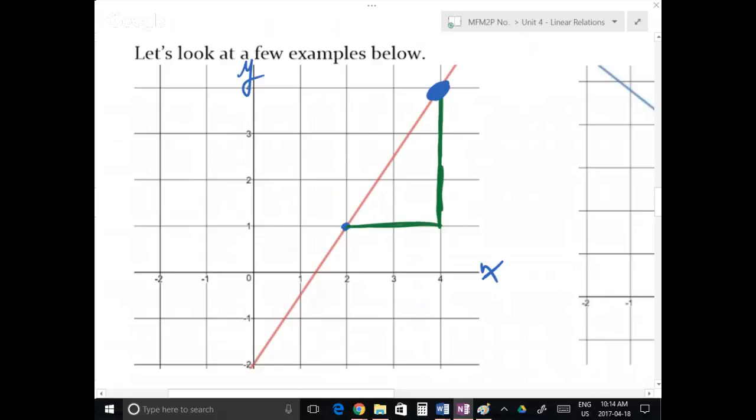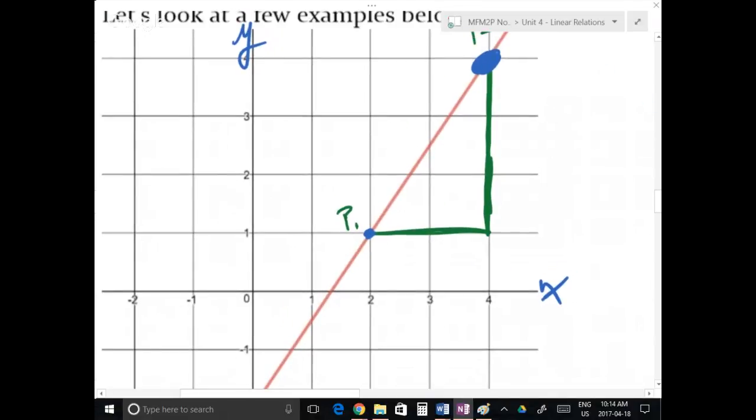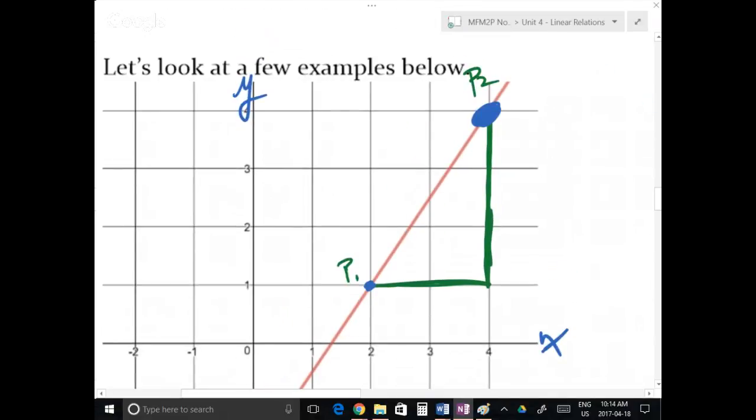So what we can do is this. Imagine if we wanted to get from one point to the other by going just straight up and down and just straight left and right. So if I wanted to get from this first point, call it point 1 if you want, doesn't matter, up to point 2, how could I get there? Well, to get there, how far over would I have to go?